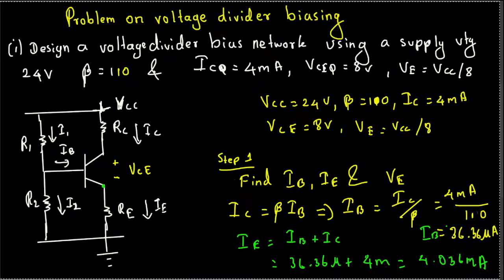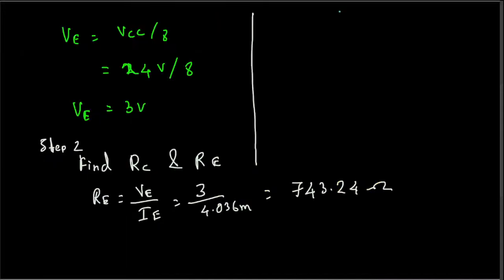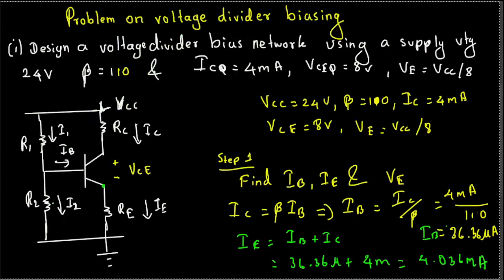So if you apply KVL, VCC minus ICRC minus VCE minus IERE should be equal to 0. That's a KVL at the output. This is input and this straight line is the output.